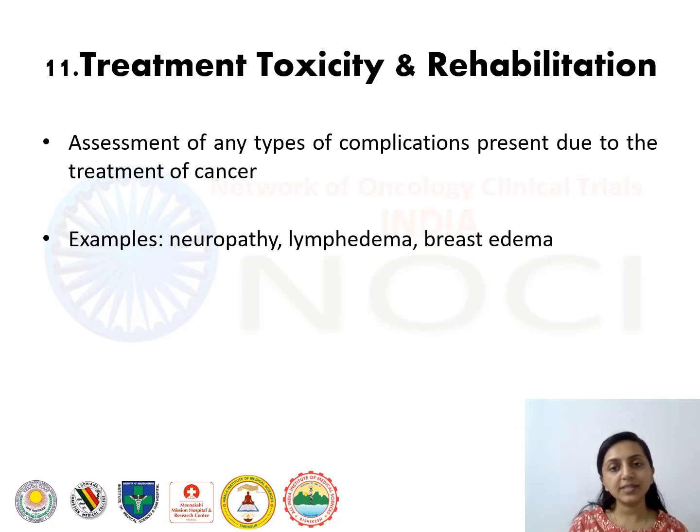The treatment toxicity and rehabilitation is very important in a patient who has received treatment for breast carcinoma, because the most common complication that she comes up with will be lymphedema. Lymphedema is swelling of the limb. This is mainly on the limb which is on the side of the breast that has been removed, and this swelling of the limb occurs because of lack of lymphatic drainage, because during surgery all the lymph nodes have been removed as part of axillary lymph node removal.